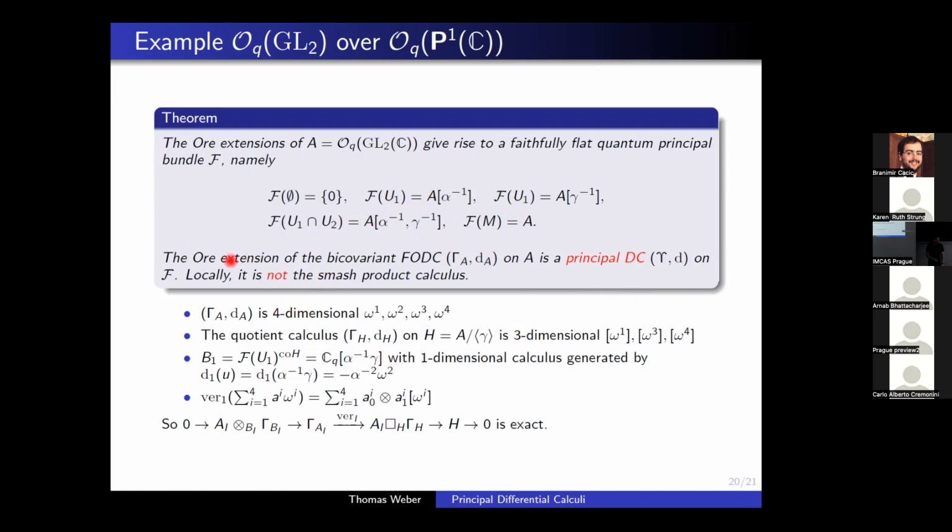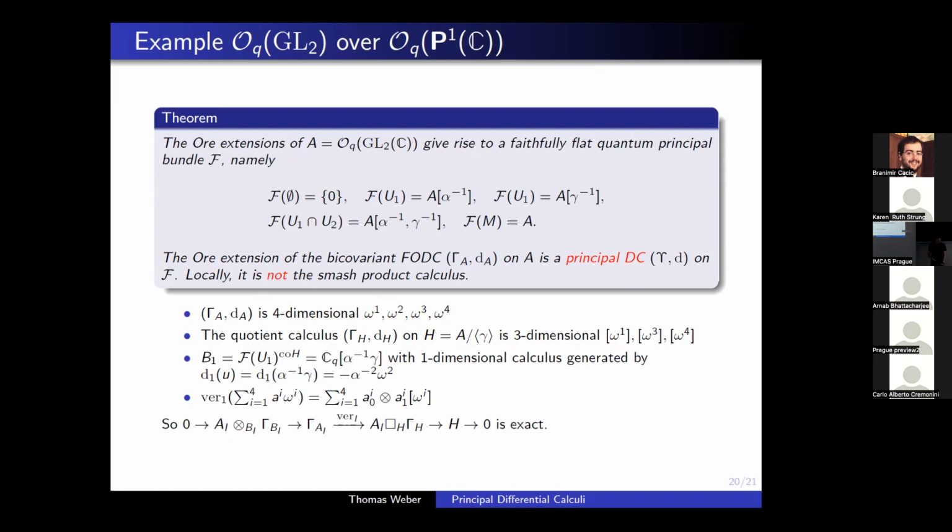Yeah? So the calculus on A is a 4D calculus. So we have 4 base forms, omega 1 to omega 4. On the quotient calculus, you see that one of those base forms will vanish, namely omega 2, and you're left with 3 linearly independent forms on this quotient here, omega 1, 3, 4.